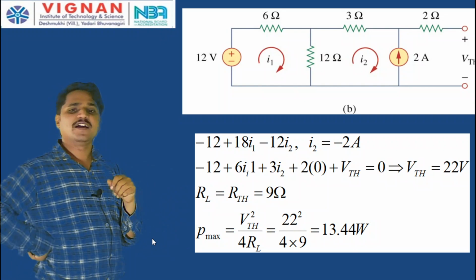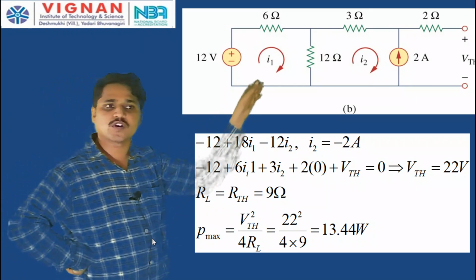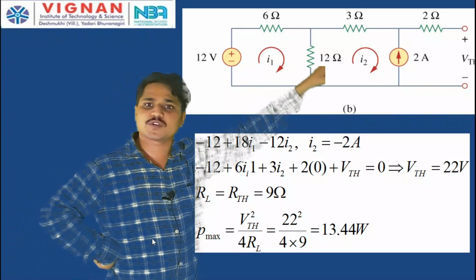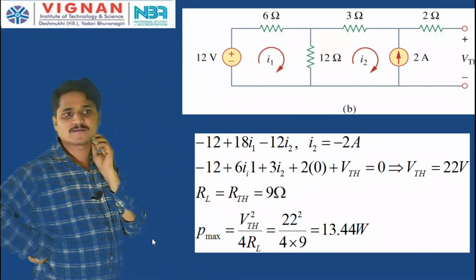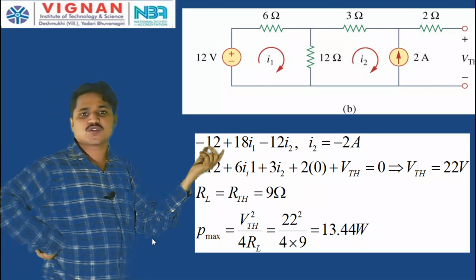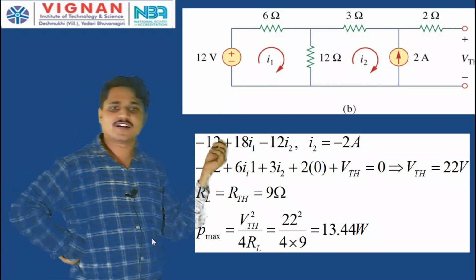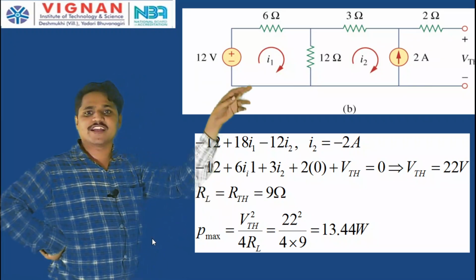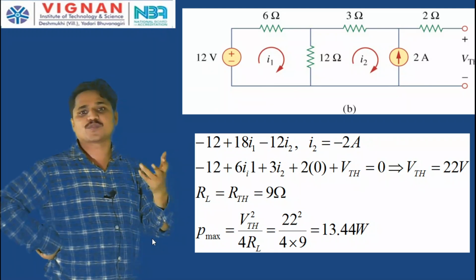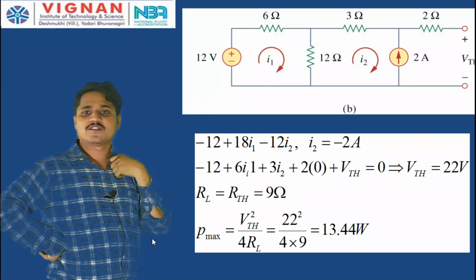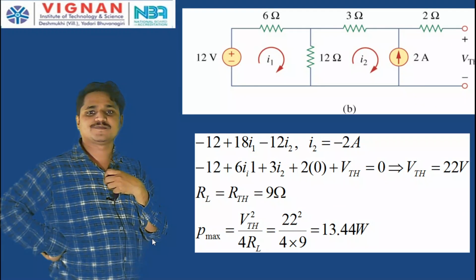Now apply Kirchhoff's voltage law in the second loop, from this 12 volt voltage source through the 6 ohm resistor, 3 ohm resistor and 2 ohm resistor and V Thevenin, and come back to minus 12. Therefore, minus 12 plus 6 into I1 plus 3 into I2 plus 2 into 0, because it is an open circuit, plus V Thevenin is equal to 0.